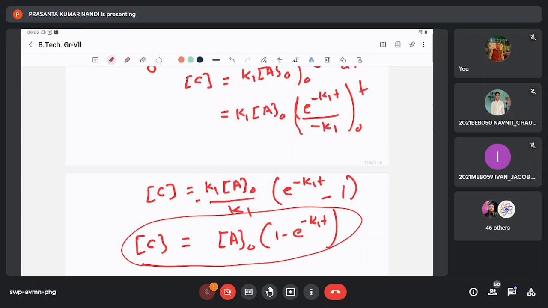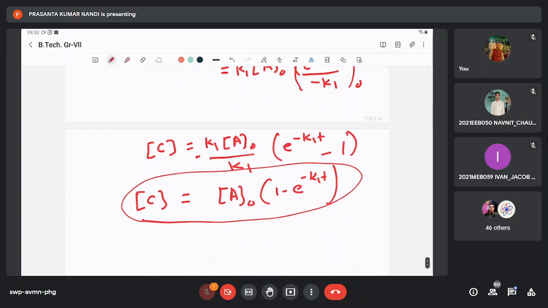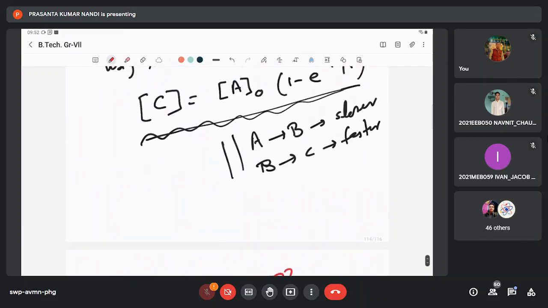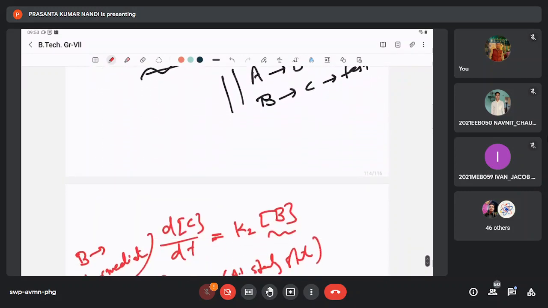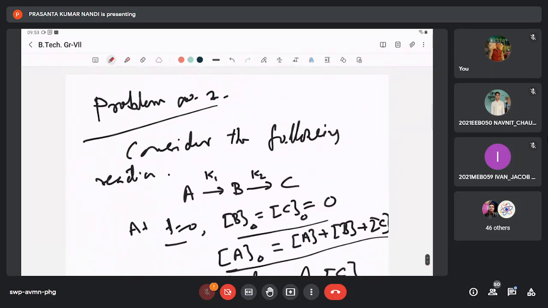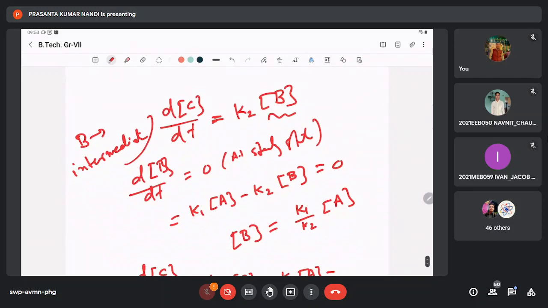So you see, if you use the steady state approximation for this consecutive reaction, the derivation is very short, and ultimately, of course, the expression that you get is not exact but approximate, because if you could remember, we obtained these expressions at the steady state.